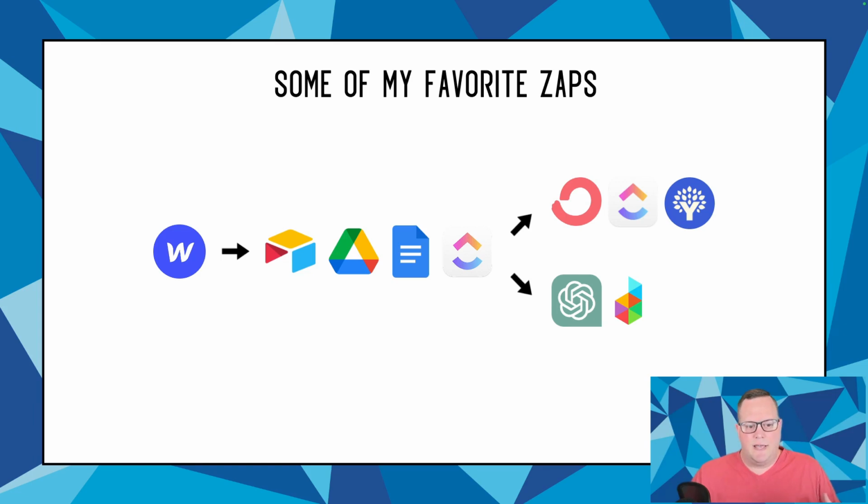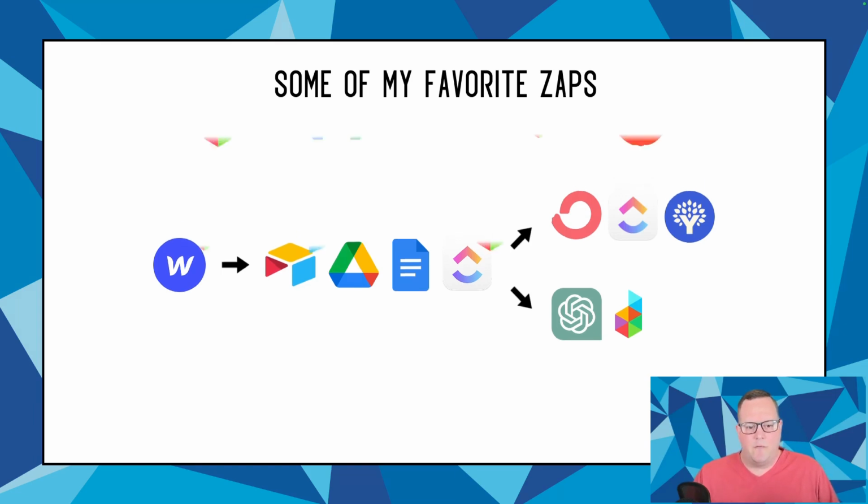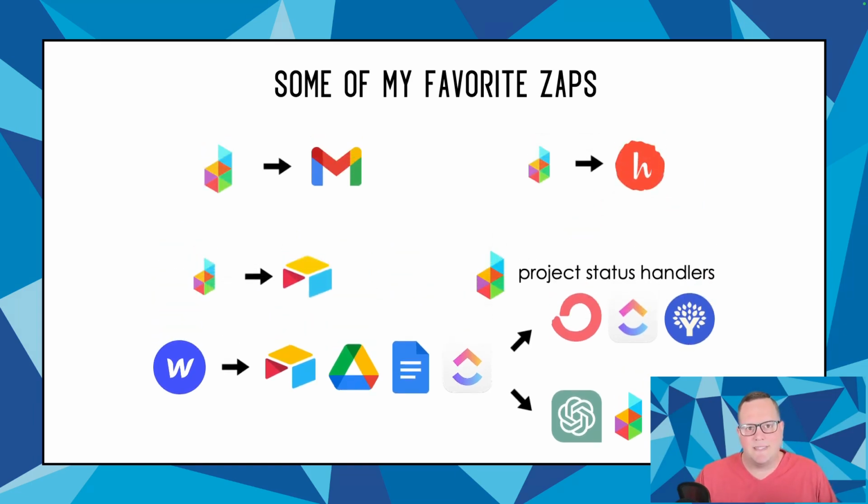These are just a few of the over 100 Zaps I have set up to automatically run my business and the hundreds of Zaps I've set up for my clients. But I don't think there's a limit to the things you can do. And if there is, I haven't found it yet. I still get weekly requests from clients requesting Zaps I've never built before.